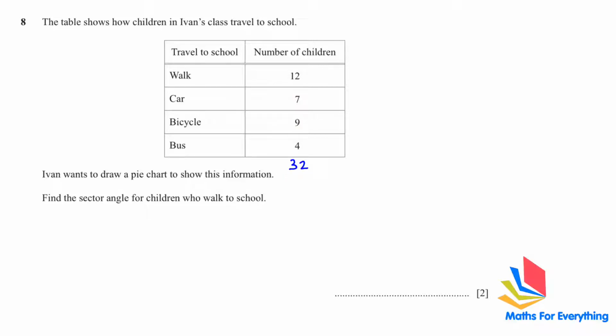The number of children who walk to school is 12, and the total number of students is 32. We multiply this by 360 and we get 135. So remember that whenever you want to find the sector angle, you write the favorable outcome over the total outcome multiplied by 360.